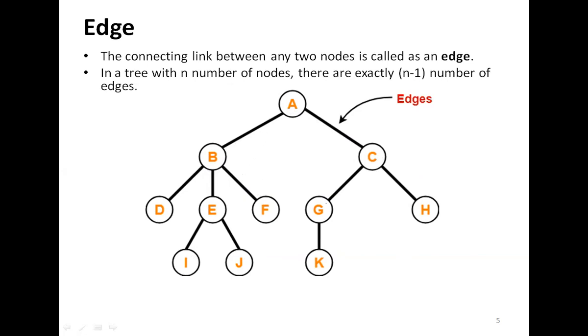And in a tree with n number of nodes, there are exactly n minus 1 number of edges. Is that clear? Yes, sir. So I have a question for you. Find the total number of edges in a tree with 12 nodes.